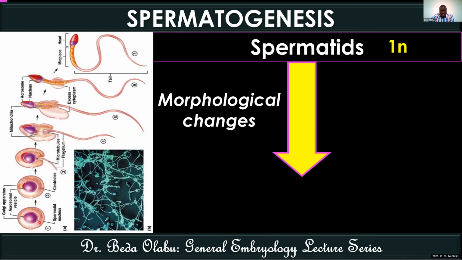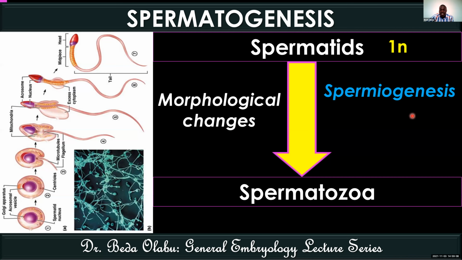So the spermatids must undergo morphological changes. The morphological changes undergone by the spermatid are collectively termed spermiogenesis. This is a series of morphological changes that the spermatid undergoes.